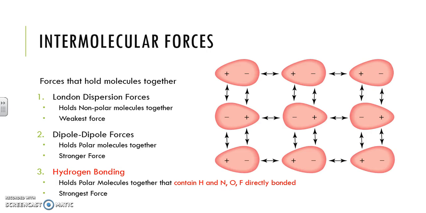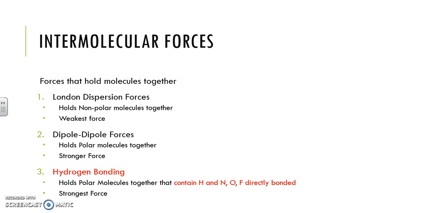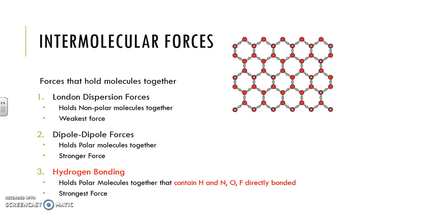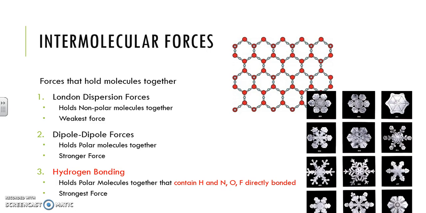And again, that sets itself up in a lattice pattern where the positive side of one likes to be attracted to the negative side of the other, and that can set up these weird patterns. Now, specifically for water, that can look a little interesting. If you take a look at the shape of water, that could actually set up these weird crystal patterns once it locks itself into shape. And this is particularly what gives certain ice crystals like snow its really interesting shape.